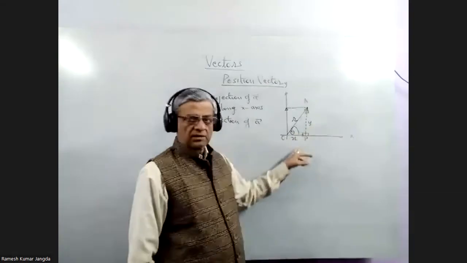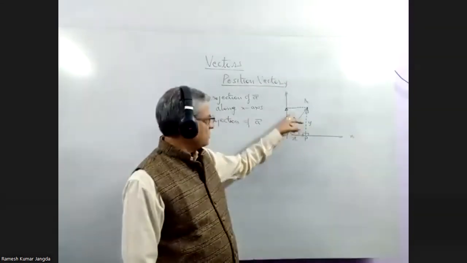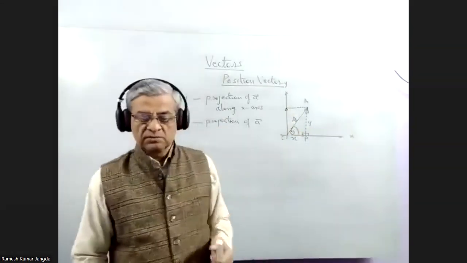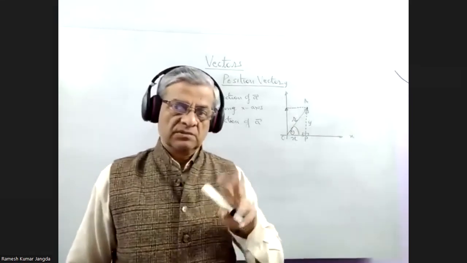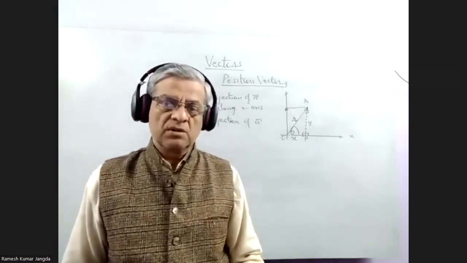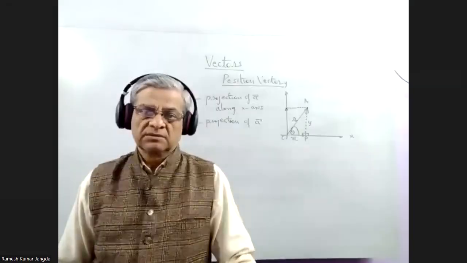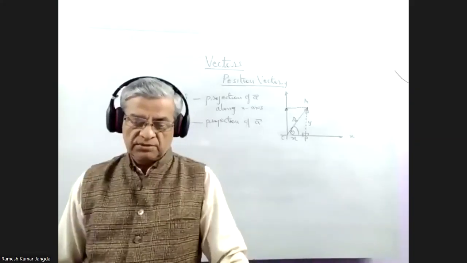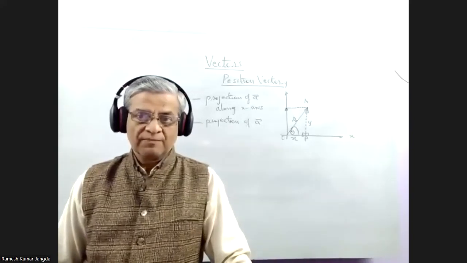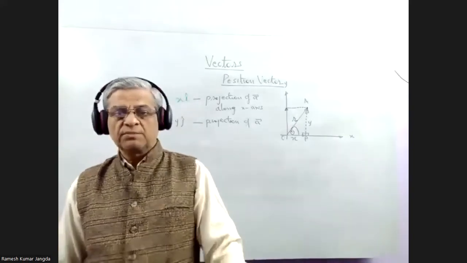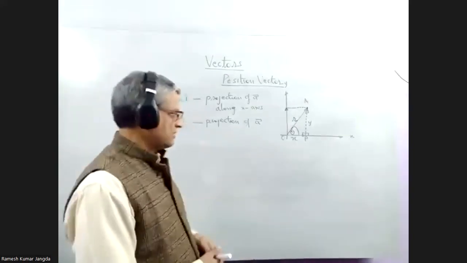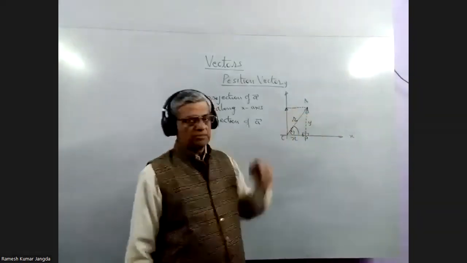To find the relation between these two, let's look at it once again. In this right triangle, beta, what is x upon r? Ratio x upon r क्या होगा? Base upon hypotenuse is cos theta. Perpendicular upon hypotenuse is sin theta.